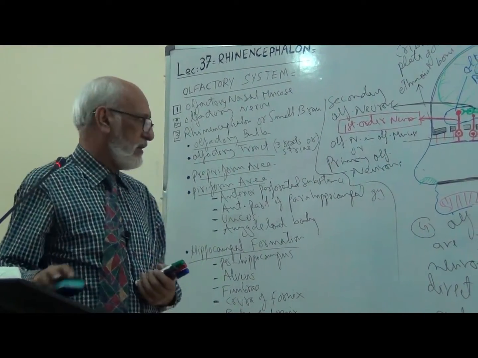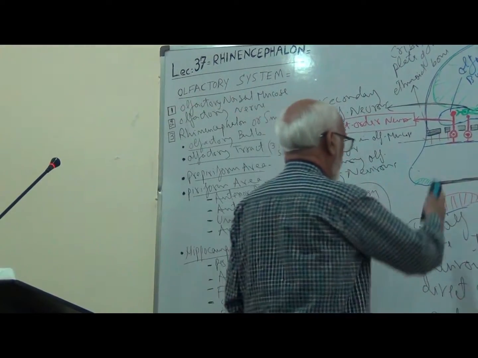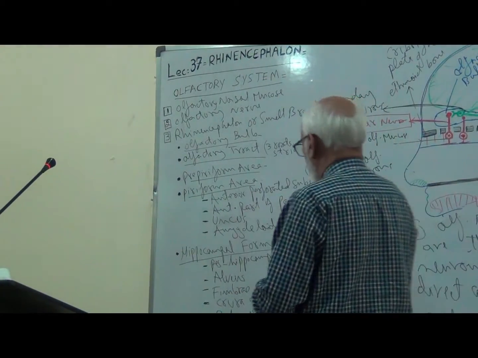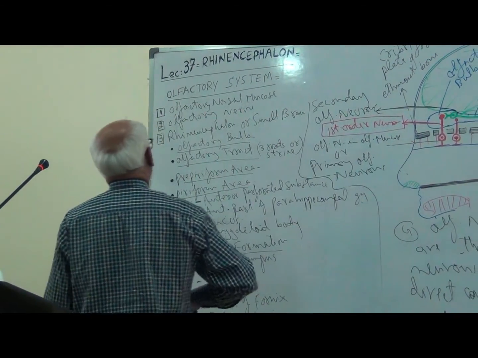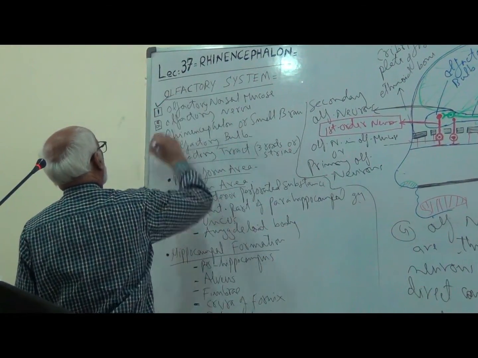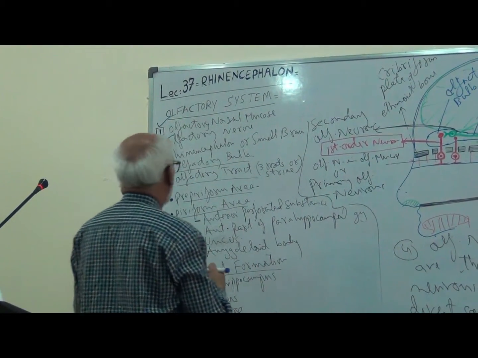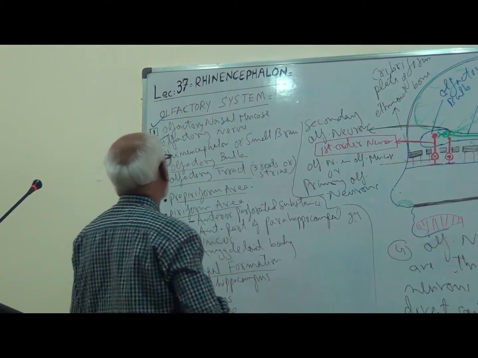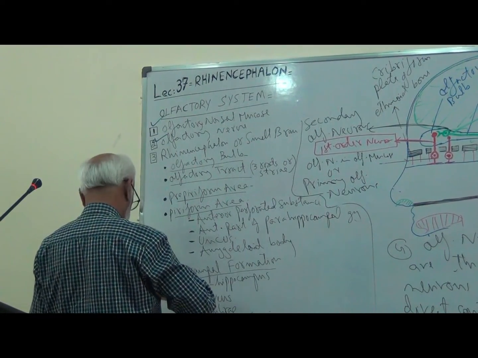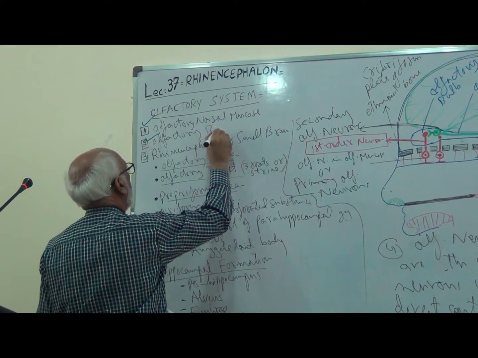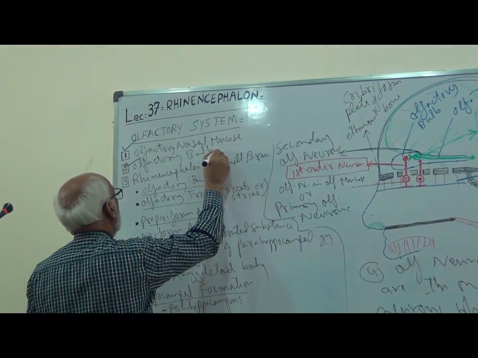So this was the olfactory mucosa. And now the next part is the olfactory bulb. So we discussed the olfactory mucosa, then the olfactory bulb.